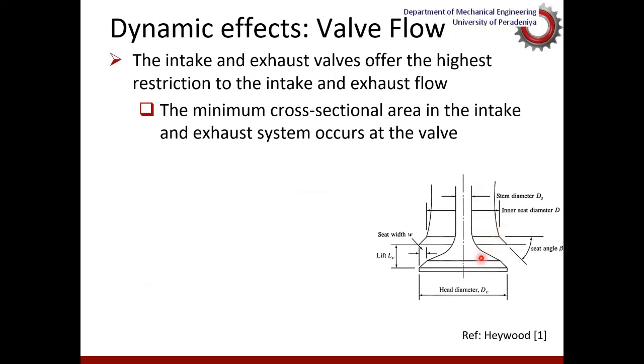The valve opening area provides the greatest restriction to the flow of gases. So at the very beginning of the intake or exhaust, the opening is very small, so it gradually opens and comes to the fully open position and then closes up gradually. So the minimum cross-sectional area in the intake and exhaust system occurs usually at the valves.